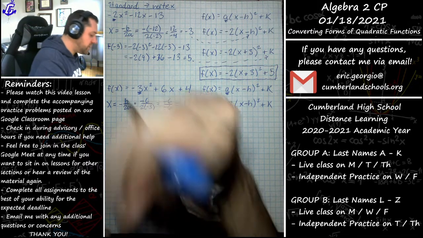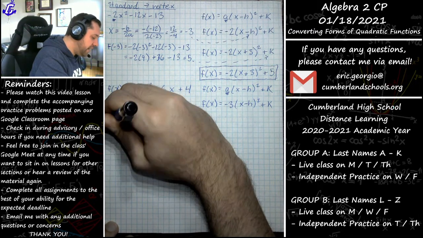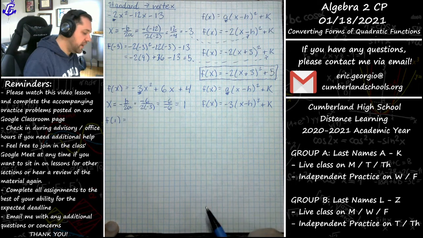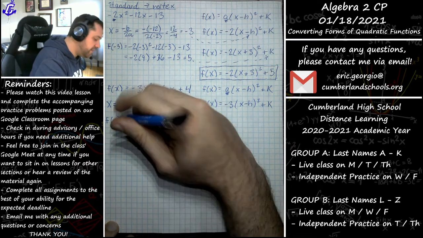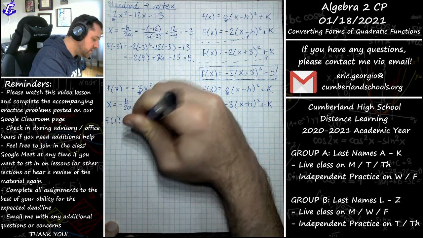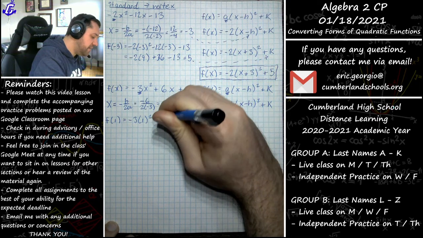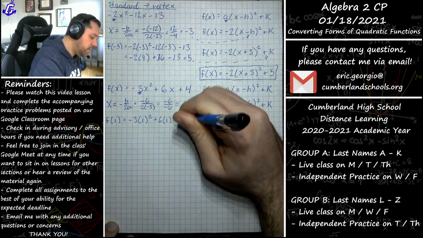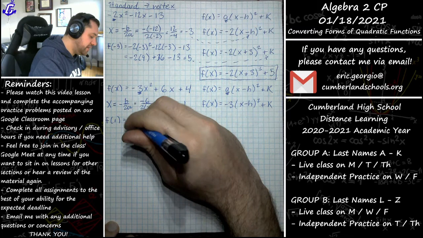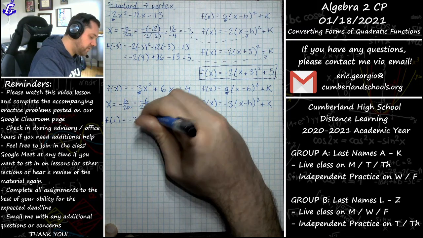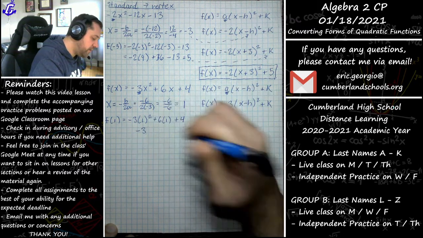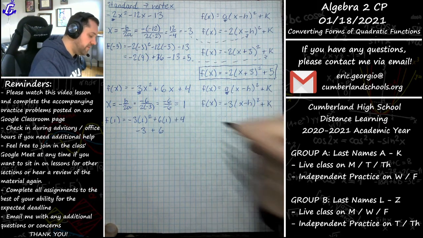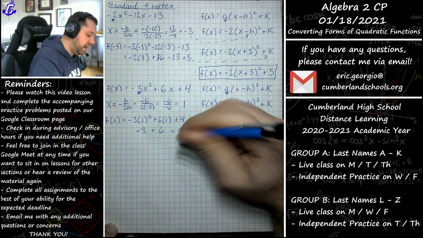Now to find the matching y-coordinate, I could take that 1, plug it into my function, and get negative 3 times 1 squared plus 6 times 1 plus 4. What does that come out to be? Negative 3 times 1 squared, that's 1 squared is 1 times negative 3 is negative 3, plus 6 is positive 3, plus 4 is positive 7.